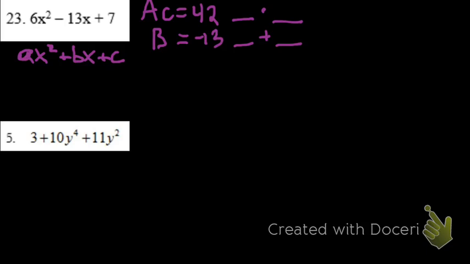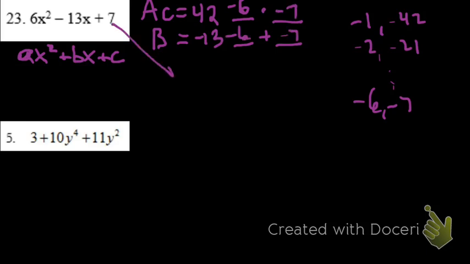And since it has to add to a negative and multiply to a positive, you know both numbers have to be negative. So it's going to be like negative 1 and negative 42, or negative 2 and negative 21. Then you eventually get to negative 6 and negative 7, and those are the two numbers that you need.